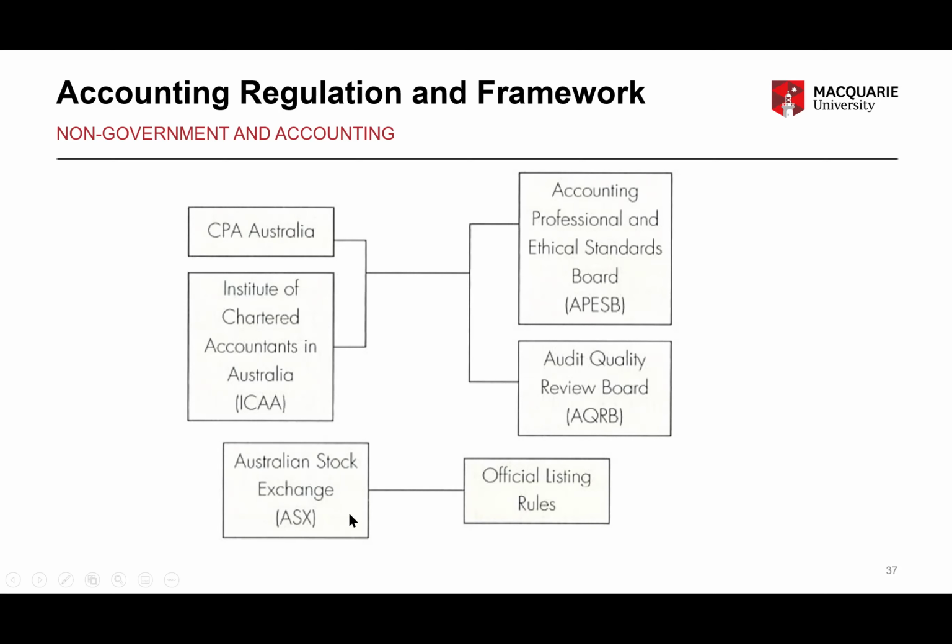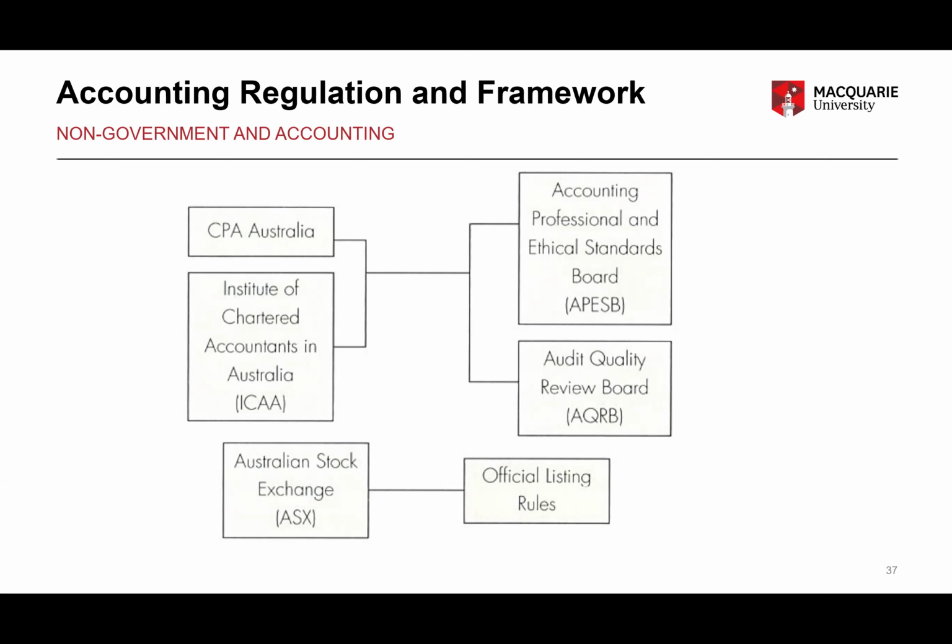And really importantly, for publicly listed companies, which we're focusing on here, they will be listed on the Australian Securities Exchange, and the Securities Exchange has its own listing rules, which regulate the companies that are listed. Now, the ASX is not a government body.